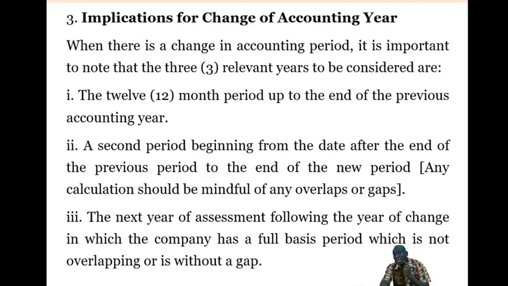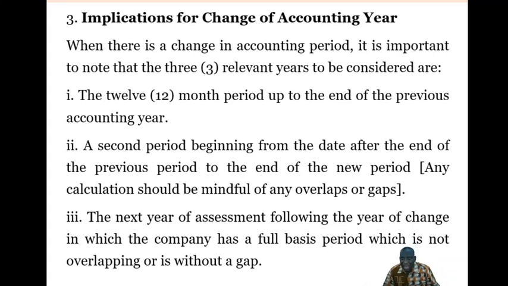Now, the implication of a change of accounting year. When there is a change in accounting period, it's important to note that 3 relevant years are to be considered. So if you are learning this topic, we are looking at the implication of the change of accounting year so far as the three relevant years are concerned.